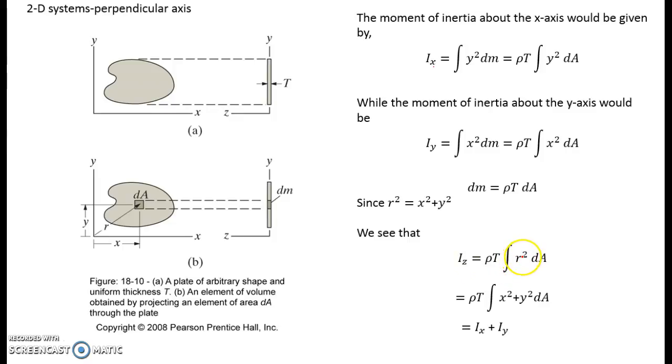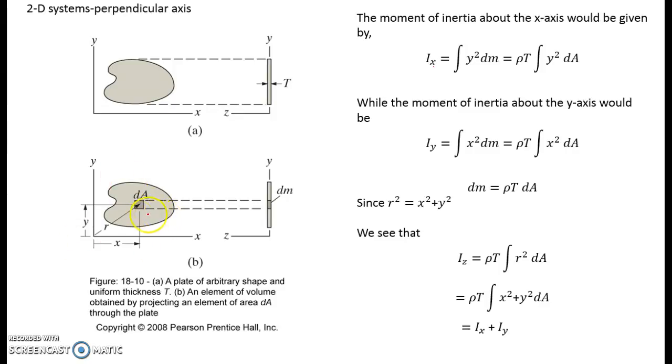Now my r is the perpendicular distance from the z-axis to the elemental area. Let's go over here. Where's my z-axis? It's coming out of the plane. What's the perpendicular distance? Well, it would be this r distance here, because the z-axis is perpendicular to the plane of this drawing.